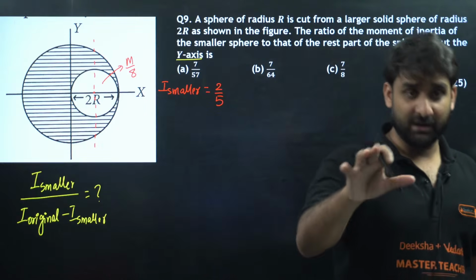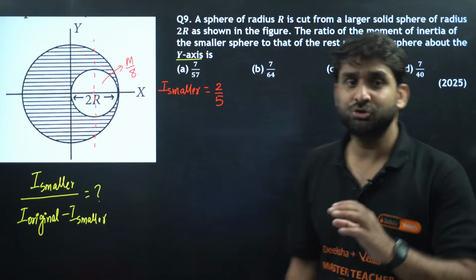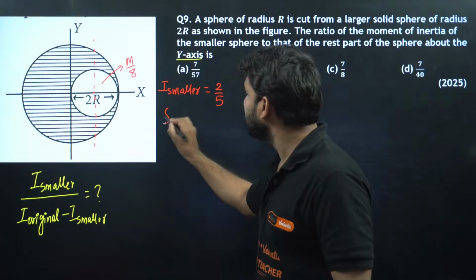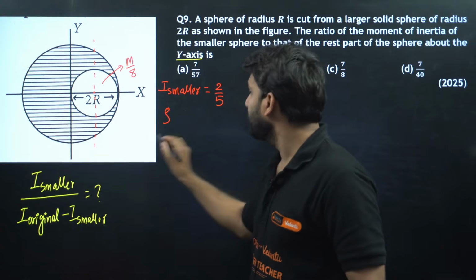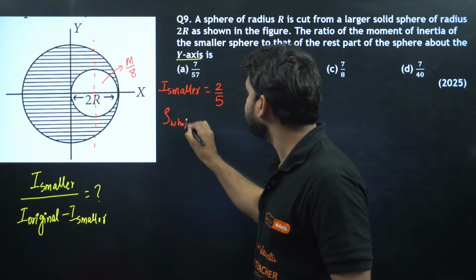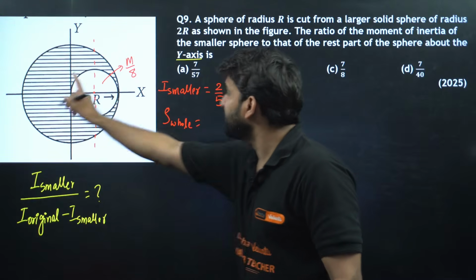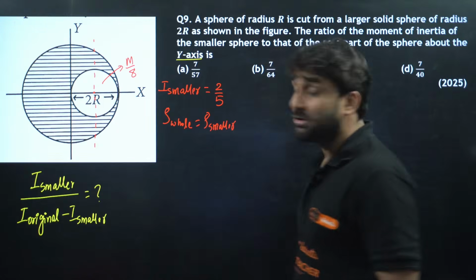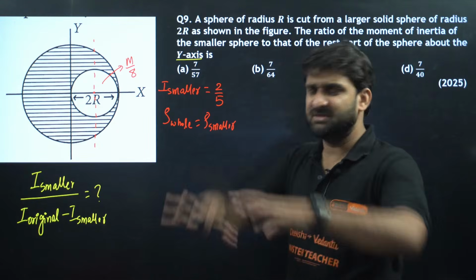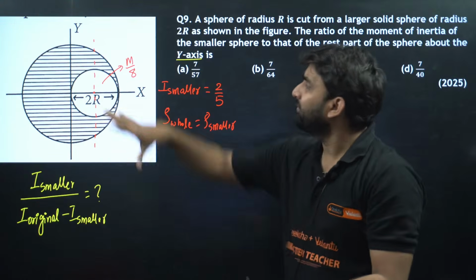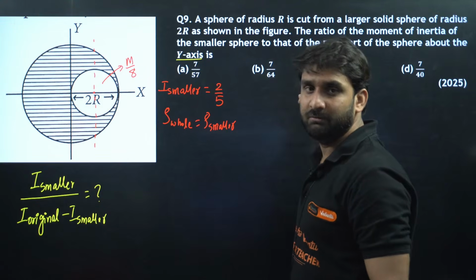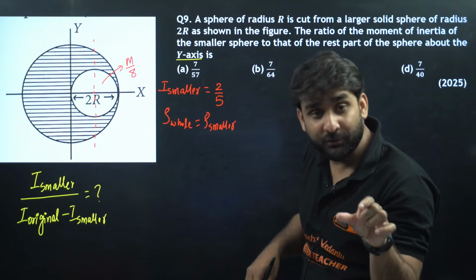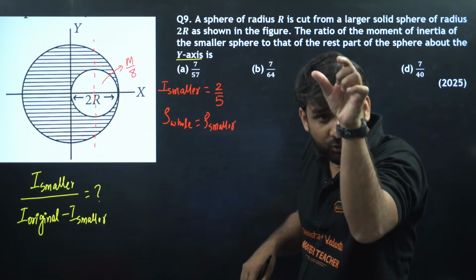If any one of you has any problem, let me show you how this m by 8 came. Listen, my dear champion. The density of the whole body will be equal to the density of the smaller part. Just learn the concept of physics: density will remain the same because this is one single body, and from that single body a small part is removed. Density is equal to mass upon volume.